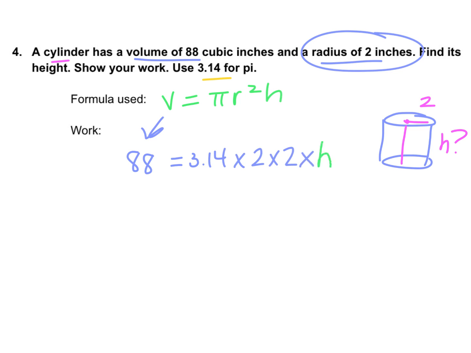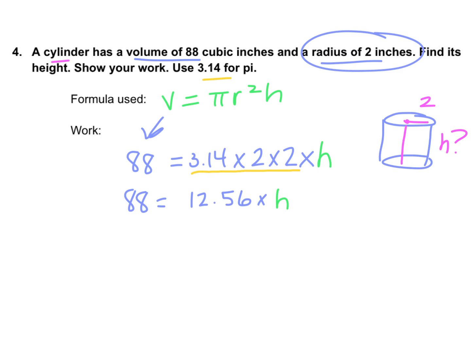We're trying to find the height. Okay, so first I know I can simplify all of this. 3.14 times 2 times 2, and that gives me 12.56, and then times h.